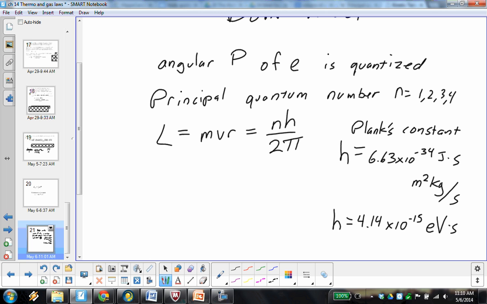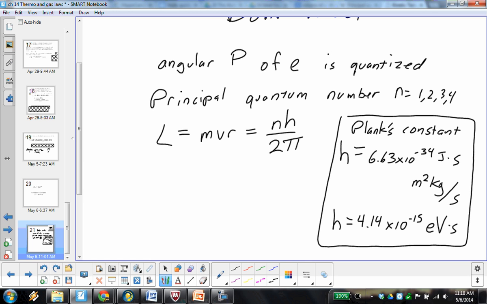But if you're dealing with meters and joules or whatever it may be, then use the top number. So these are your two different values for Planck's constant, 6.63 times 10 to the negative 34th, or 4.14 times 10 to the negative 15th. All right, with that said, let's move on.